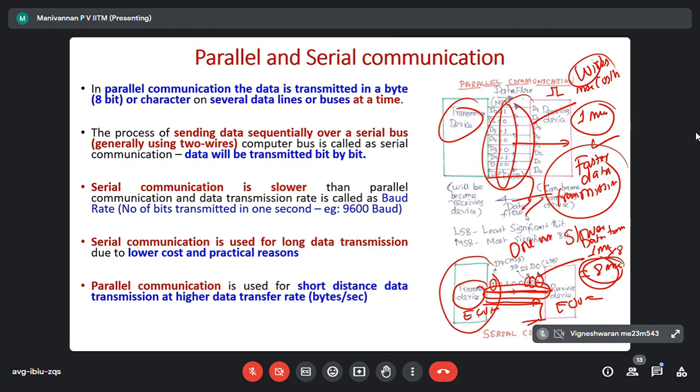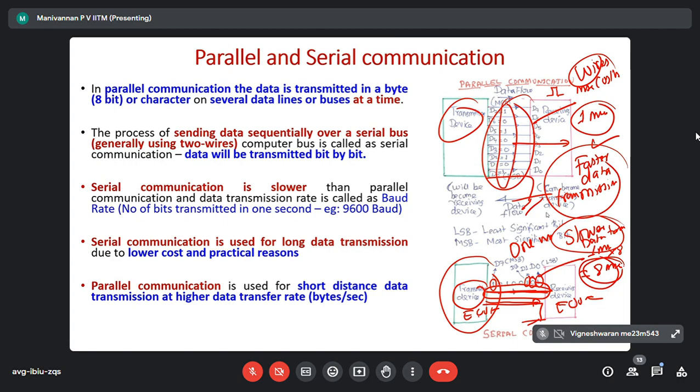So if I wanted to lay a cable from Chennai to the US, some 15,000 kilometers, with 8 wires, how expensive it would be in initial cost. But if I use only 1 wire, like the telephone, it is cheaper. Serial communication initial investment is cheaper, but data will transfer slowly.